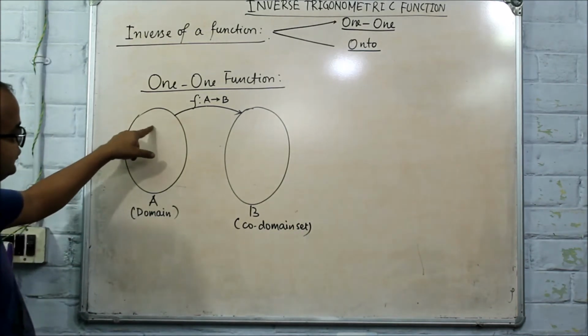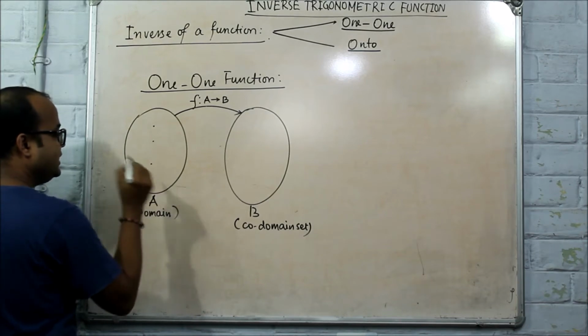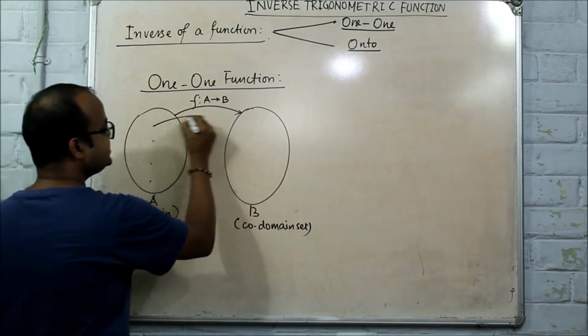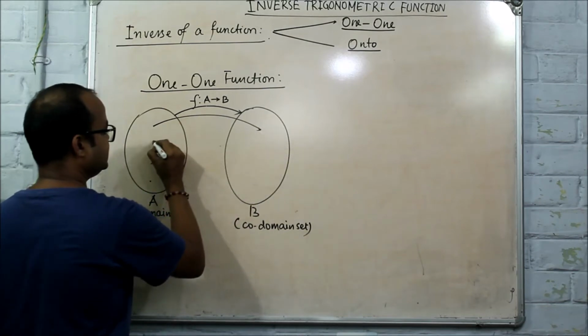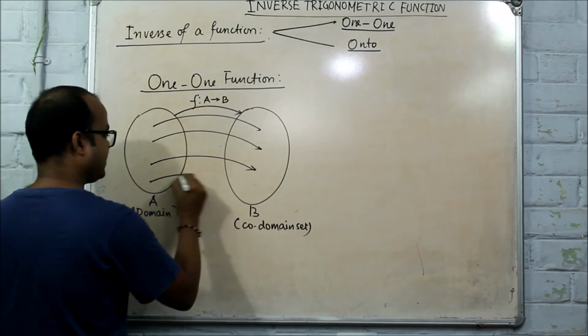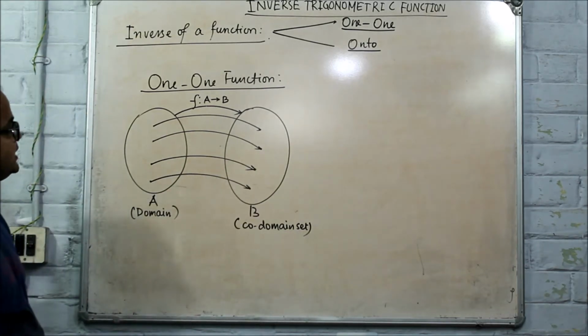Now, for every element in the domain set, if there exists a unique image in the codomain set, then the function is said to be a 1-1 function.